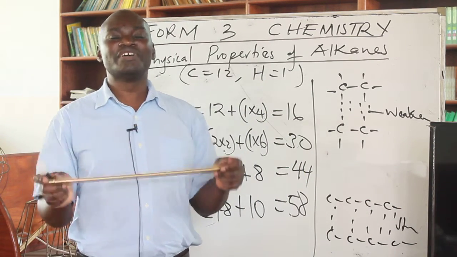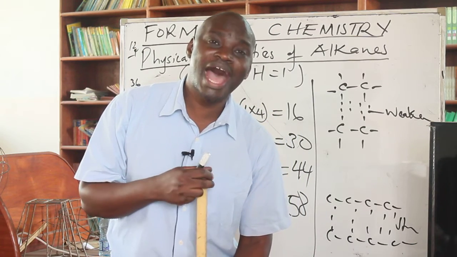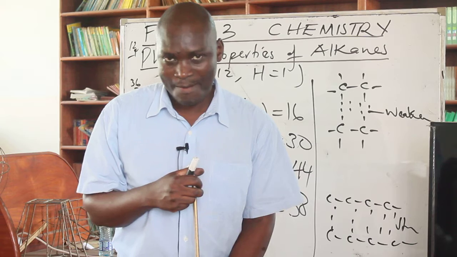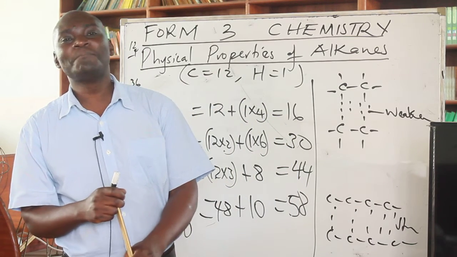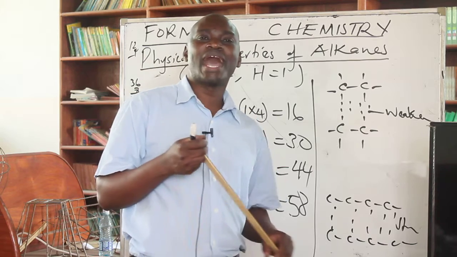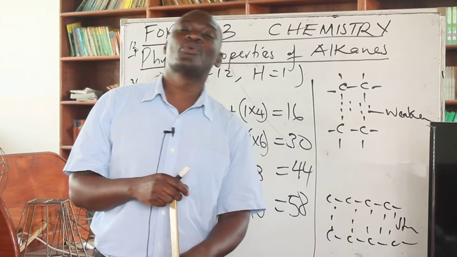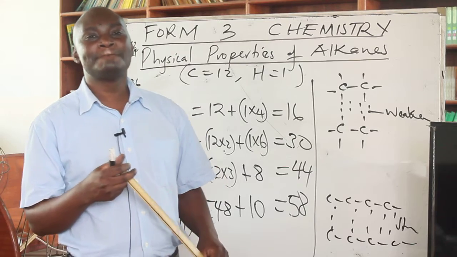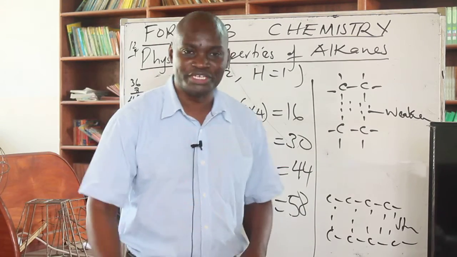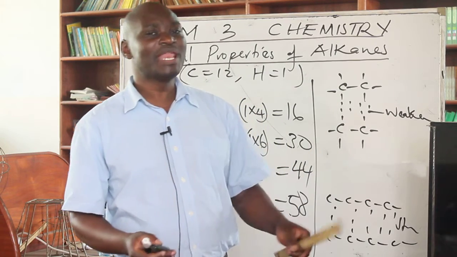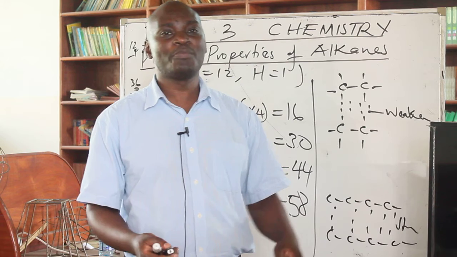That one is very clear that van der Waals forces are stronger in octane but weaker in methane. Stronger in heptane but weaker in pentane. That one is a very important point because it will explain most of the variations in the physical properties of alkanes.